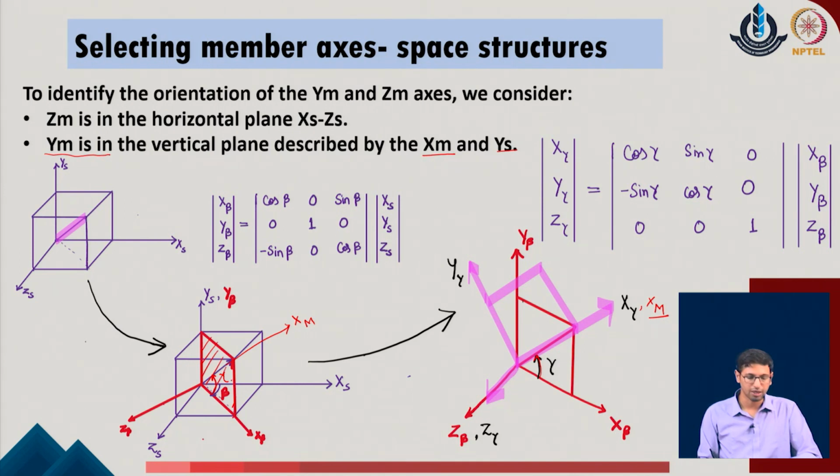So, on this plane I am trying to make the rotation such that the given system is rotated about the z of beta axis. So, z of beta I am not moving now, about the z of beta I am trying to make the rotation, but the rotation is made such that the given axis ym, which I will locate now, should exist in the plane of x of m and y of s of the given system, and that is the same plane which I have located over here, x of beta and y of beta of the given system.